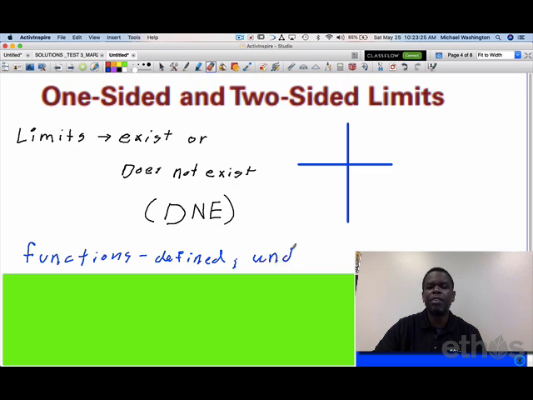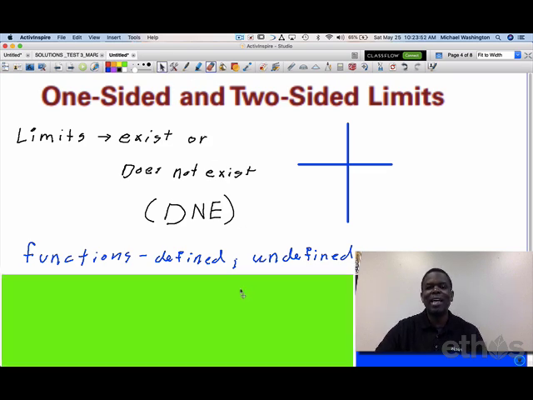This is very important. We want to make sure we're using the right vocabulary when we talk about limits. So limits are not defined or undefined. They either exist, meaning there actually is a limit, or they do not exist, which means there is no limit. It's not actually approaching a particular value consistently. We don't say functions exist or do not exist. We say that functions are defined or undefined.